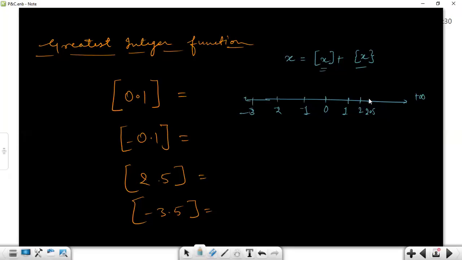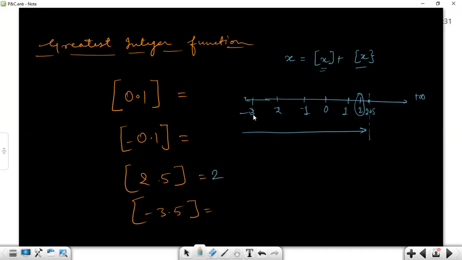If we have to find the greatest integer of 2.5, we come from the left-hand side, and after reaching the specified number, we check the last integer that was there, that's 2. So its greatest integer is 2.